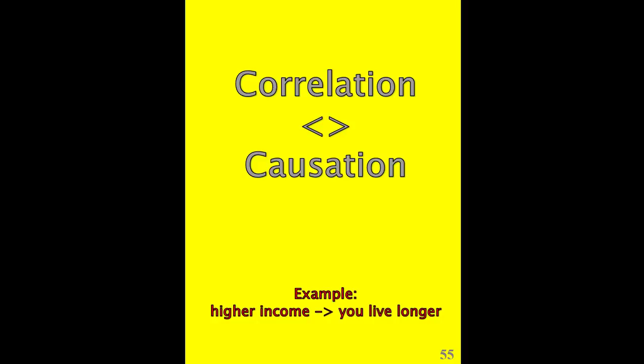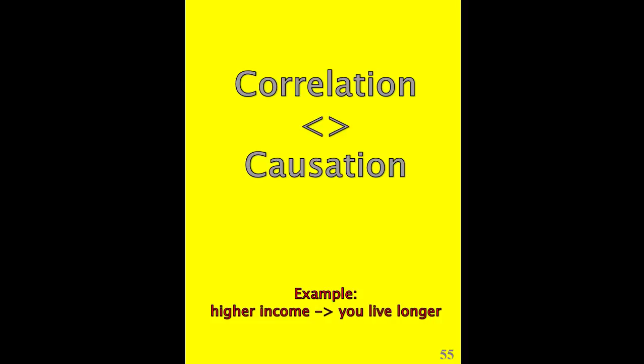But in all likelihood, the fact that you live longer is not only because you have higher income, perhaps in part, but not completely. So higher income in itself does not cause the fact that you live longer. The money itself doesn't help. It's something else. Perhaps what you do with the money, or the care that you can get with more money, but money itself doesn't work.